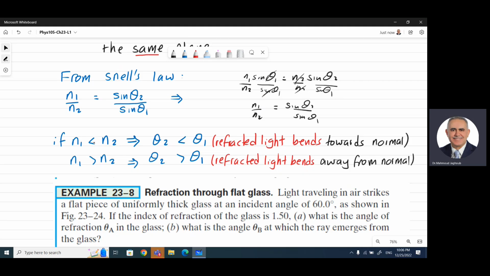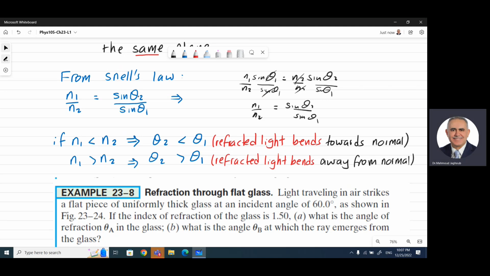So if N1 is less than N2, meaning the same case as when light moved from air into water, N1 for air, N2 for water, what is going to happen? From this relation, theta 2 is certainly less than theta 1, because N1 over N2 is less than 1. So sine theta 2 over sine theta 1 is less than 1, meaning sine theta 2 is less than sine theta 1. And this means that theta 2 is less than theta 1.